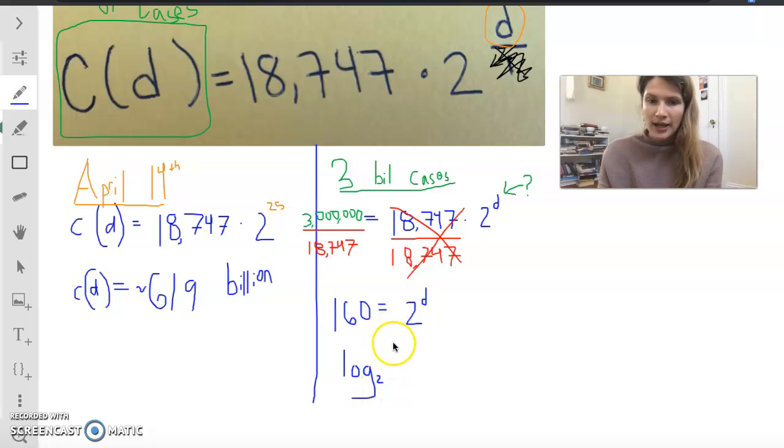Log base 2 of the 160 goes inside the parentheses. Hopefully this looks familiar. And then the exponent becomes the solution on the other side of the equation, so equals D. And very conveniently, we have now isolated D. Remember, that's what we were trying to do, and we did it. So now I just have to figure out what is log base 2 of 160.